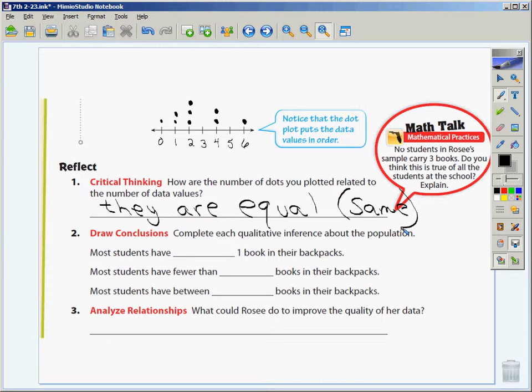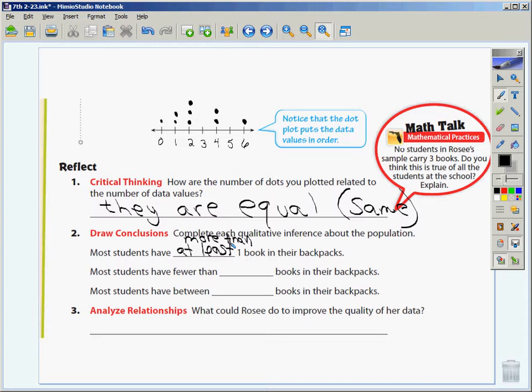Most students have certainly at least what? At least 1 or more than 1. So either one of those you could use. At least, or you could have put have more than one book in their backpacks.